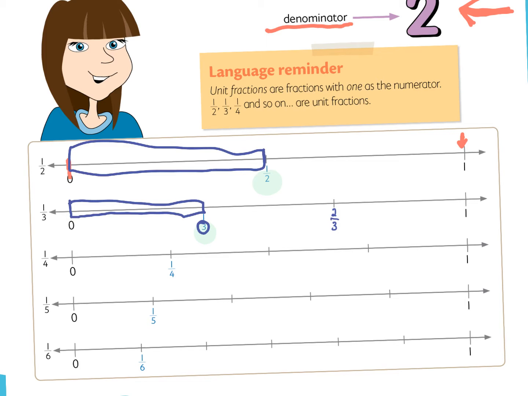So this is 1/3 and this is 1/2, okay? Remember, the denominator is this part here. The larger the denominator, the smaller the piece, all right?